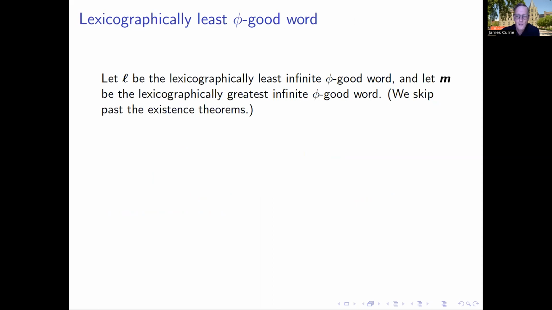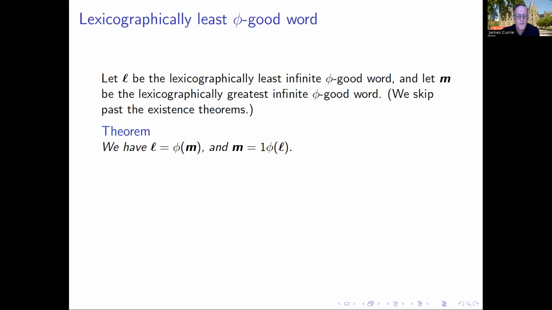So there are a few lemmas to show that these things exist, but we'll skip those existence theorems for now, and jump right to characterizing the relationship between these words. So L is phi of M, and M is 1 phi of L.